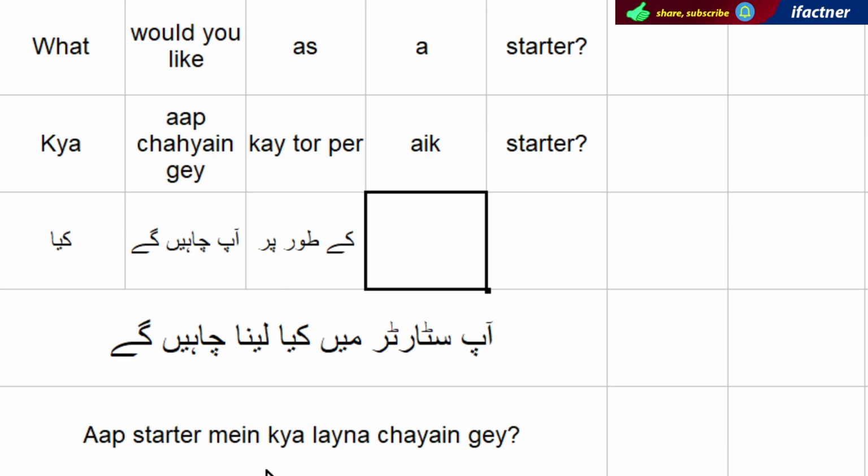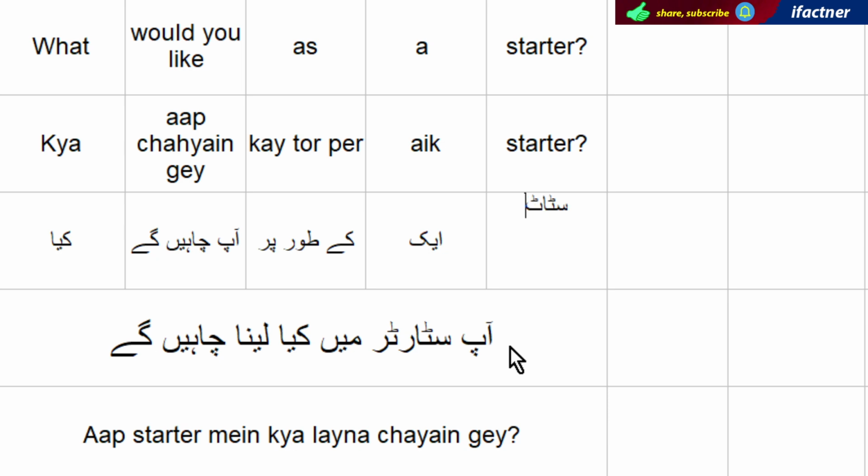A is एक, but usually we don't say it in Urdu. And starter can be written as sin te alif, starter.